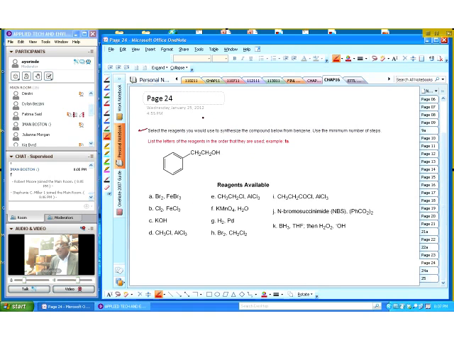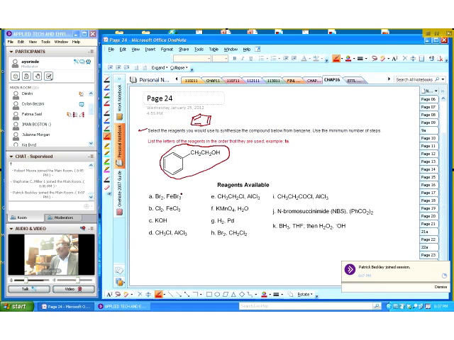What they want us to do here, starting with benzene, is to synthesize this compound here. Without taking a look at the reagents, let us see whether we can do that.